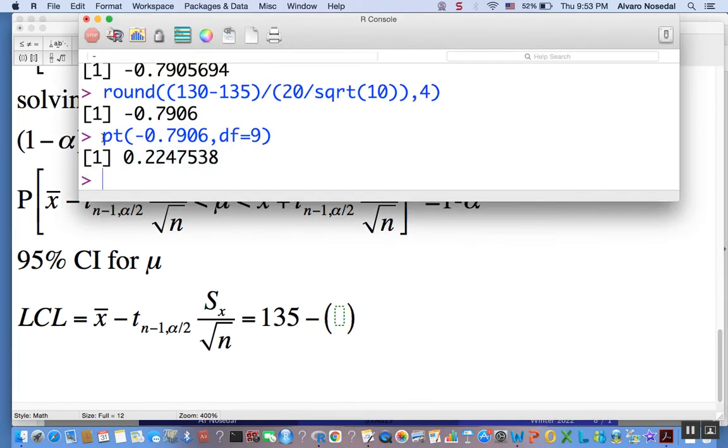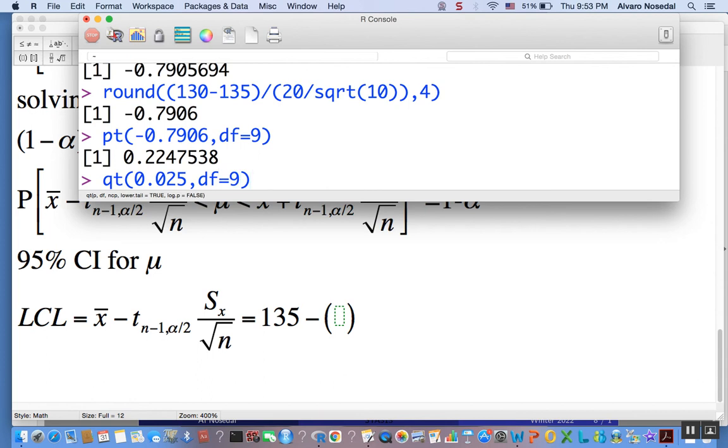So now, instead of using the function pt, which helps us evaluate the CDF at a particular point, we're going to be using the function qt, which helps us find a quantile that has an area of 0.025 to its left for a t-distribution with degrees of freedom equal to 9.